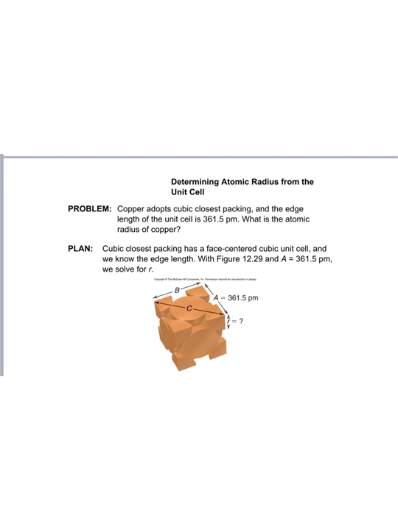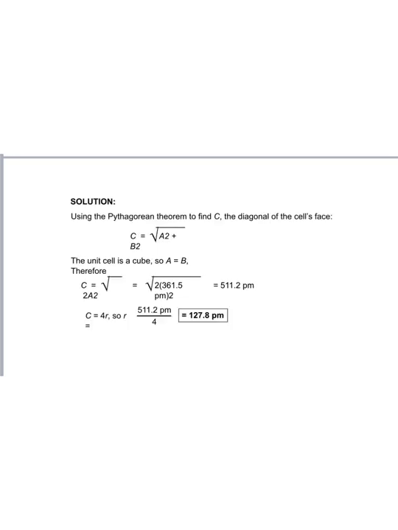I'm sure you could find problems in your book like that. Here's an example. It says copper adopts cubic closest packing. Cubic closest packing, that's the ABC, that's the face-centered cube. The edge length is 361.5 picometers. What's the atomic radius? Well, we gave you that formula on the last problem.